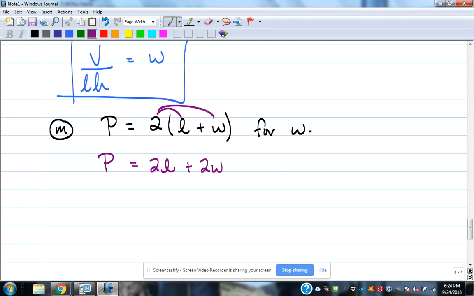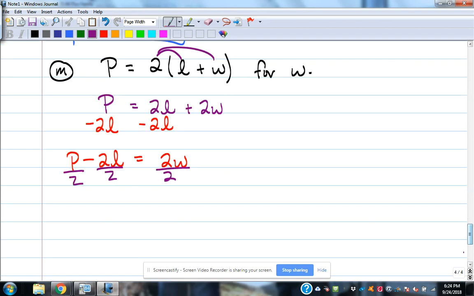The 2L, right? How do I move 2L? Subtract, yeah. So that's perimeter minus 2 times the length equals 2 times the width. One more move. Divide everybody by 2. That's right. There's W by itself.